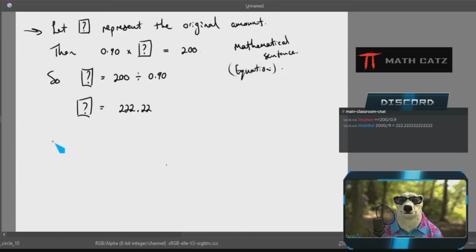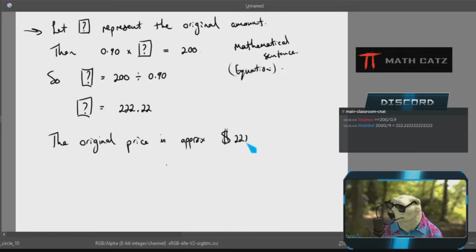So then I can wrap it up and say the original price, which is what my question mark in a box represented, is, I'll say here, approximately $222.22. There was some rounding involved.